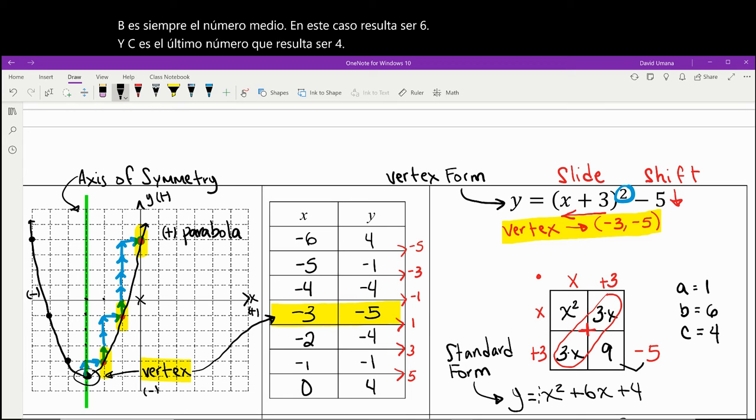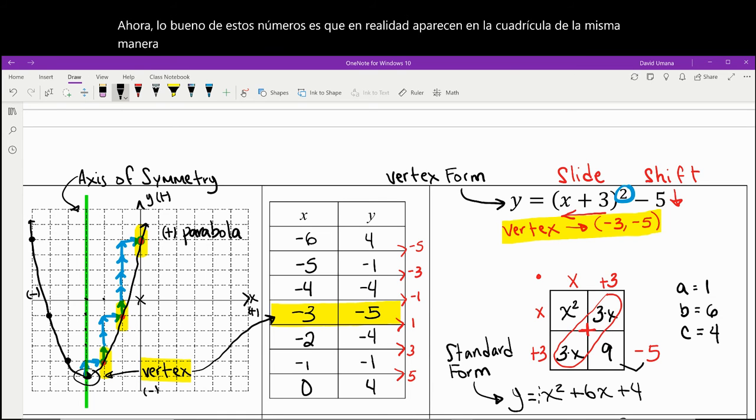Now, the cool thing about these numbers is that they actually show up on the grid just the same way as the vertex, but in a different form. So the first thing I want you to notice is that C is always going to represent my y-intercept.